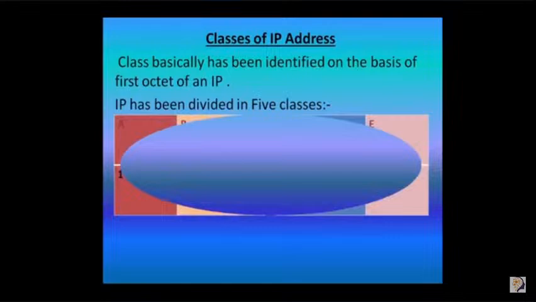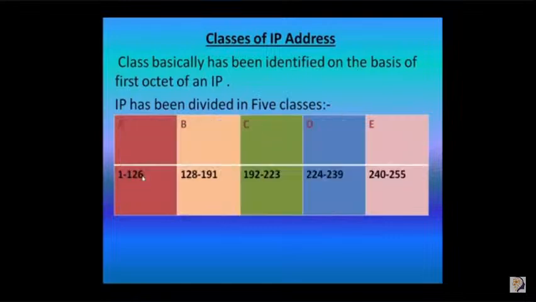Any number between 1 to 126 you convert to binary always starts with 0. You can do a lot of practice here. Any number from the B range you convert to binary always comes with 10, and the remaining bits don't matter. Any IP in the C range, say 193, 200, 221, its first 3 bits will be 110.